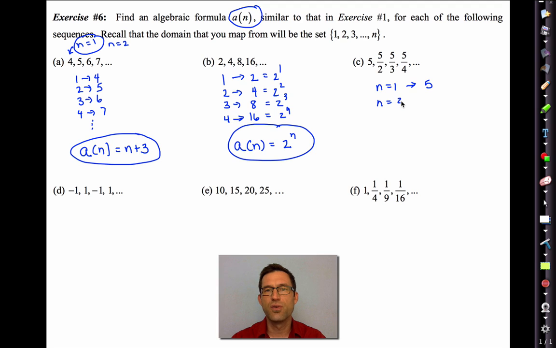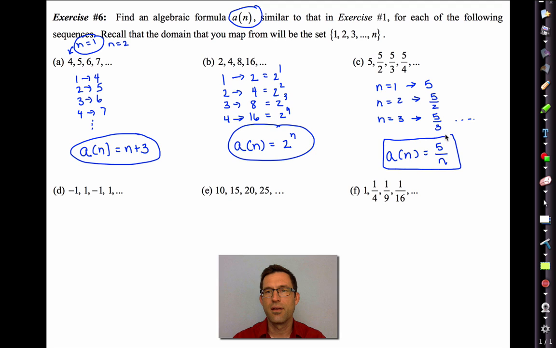When n is 2, our formula has to spit out 5 divided by 2. When n is 3, our formula needs to spit out 5 divided by 3, etc. So I'm thinking my formula is a of n equals 5 divided by n. Make sure that looks kind of like an n. Yeah, I think that's it.